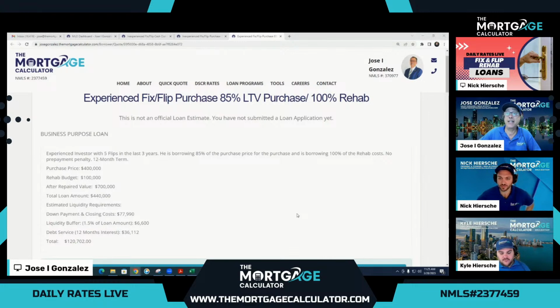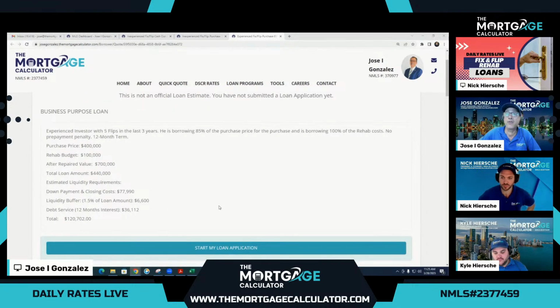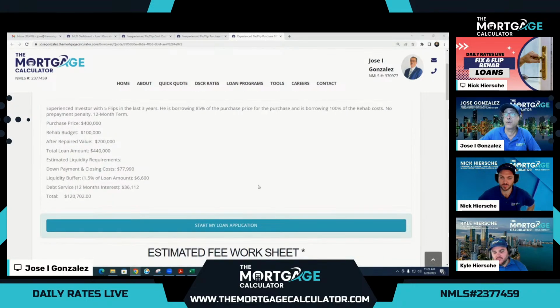And the estimated liquidity requirements are down payment and closing costs of $77,990, a liquidity buffer of $6,600, the debt service on that loan of $36,112, for a total outlay of $120,702 for the borrower to cover all of that stuff.